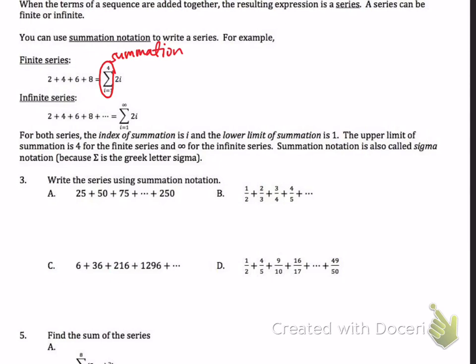Yes. So the difference between the finite series and the infinite series is that this number right here will be a specific number like 4. So you're going to the 4th term if it's finite. And it'll have an infinity sign if it's infinite, okay? So it'll have a number on top if it's finite.